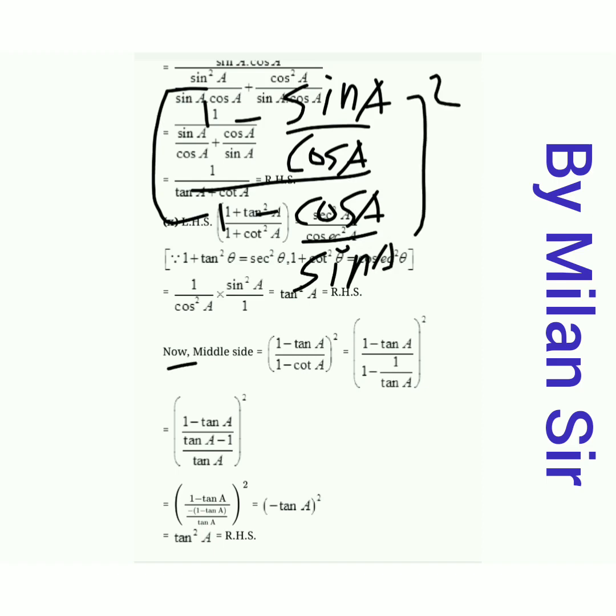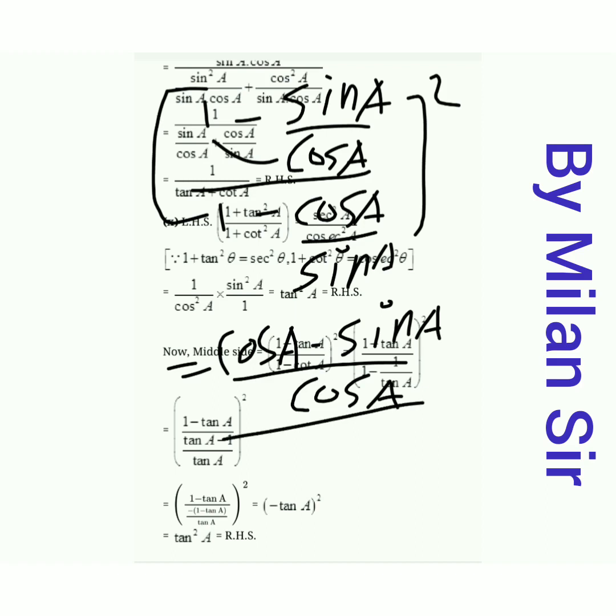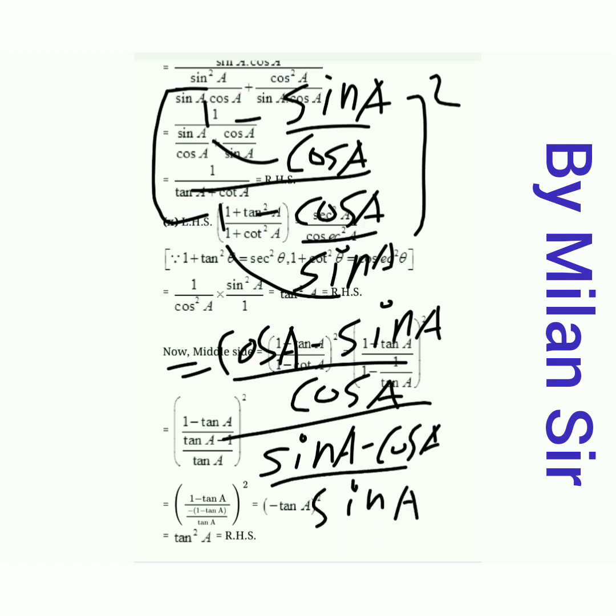Now take LCM in numerator and denominator. So in numerator here cos A into 1, cos A minus sin A upon cos A, in denominator sin A minus cos A upon sin A, whole square.